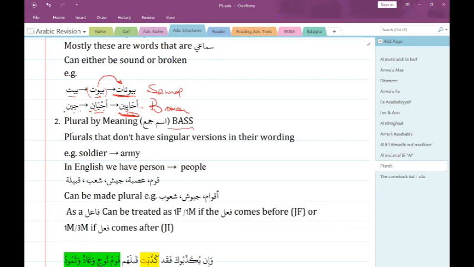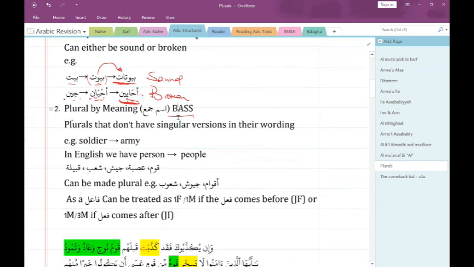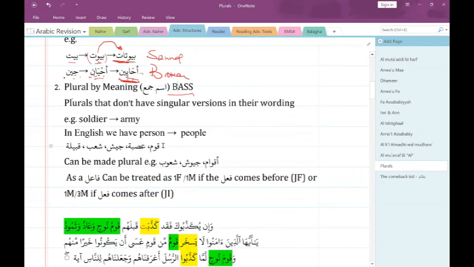So we have qawm, usba, jaysh, sha'b, qabila. These are some of the words that you have under this topic of plural because the Arab said so, or isim jama, plural by meaning. Now, again, like we said, we have already covered super plurals. You can actually take these words that are already plural in meaning, because when I say qawm, people, I'm not just talking about one person, am I?